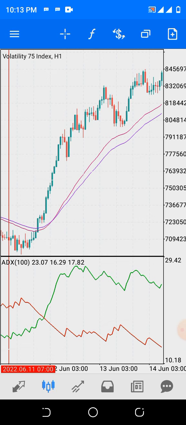Now the indicators used here are the ADX and the moving average, only two indicators. This is how it works.